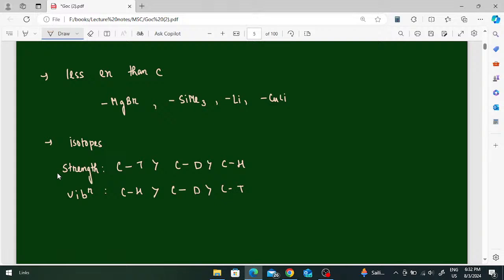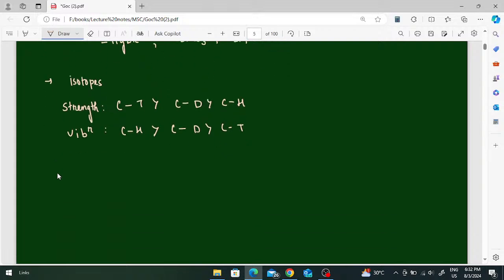So plus I effect reduces with increasing distance.